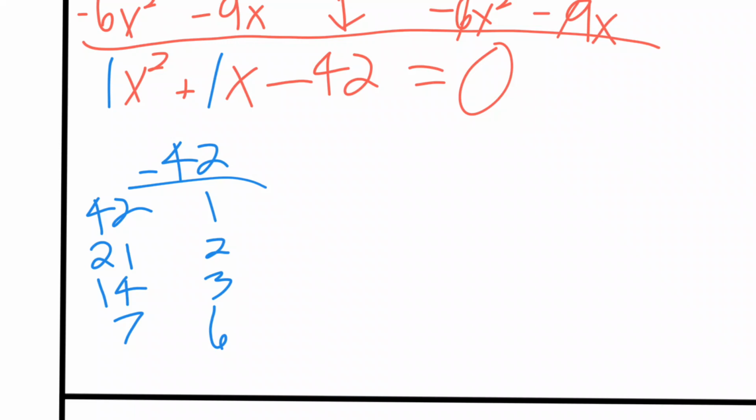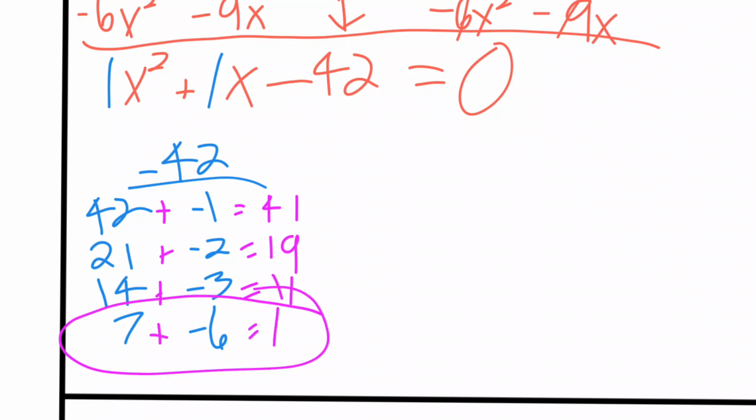But let's see here. If we're going to make the smaller one negative, this will add to get 41. This will add to get 19. This will add to get 11, and this will add to get 1. So my numbers that I'll use are going to be 7 and -6.